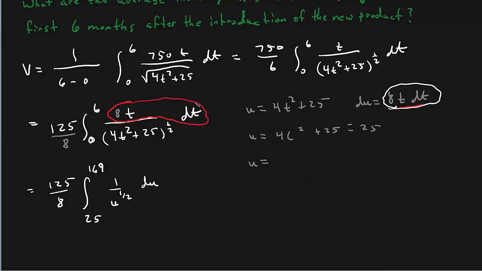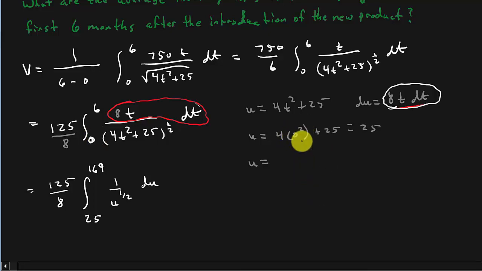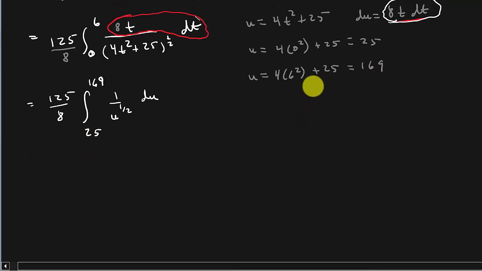So we plug the 0 in, and then plug in the 6, and that's equal to 169. That's where the 25 and the 169 come in.